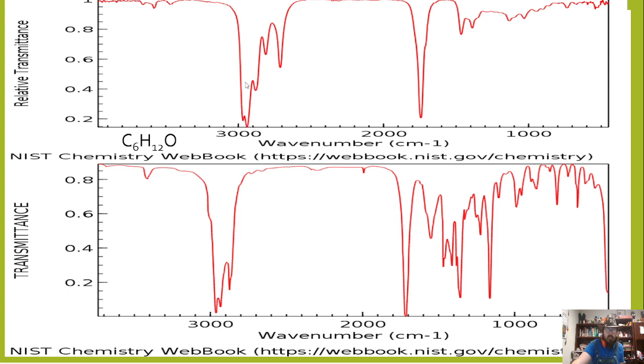Now, these peaks are not always the best because these are not labeled. So we have to look: there's 3300, 2900, 2800, 2500, 2900, 2800, sorry, 2700. So notice that this peak is unusually low. And we have right here 1900, 1800, 1700.